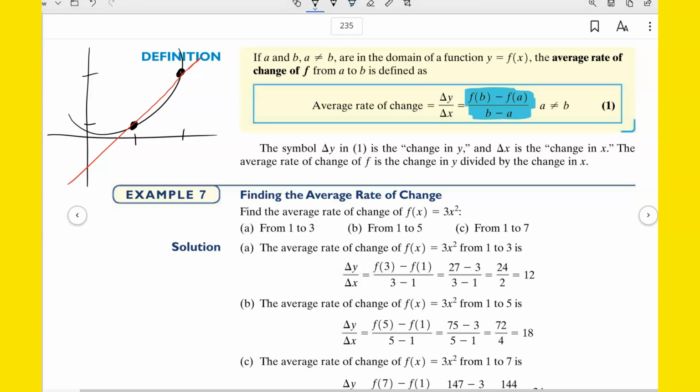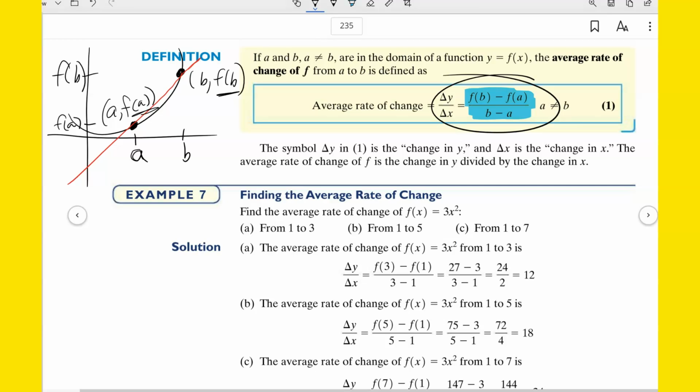So let's say that this is the point A, F of A, which is the y coordinate. And let's say this is the point B, F of B. Then if we do the slope formula, we end up here.